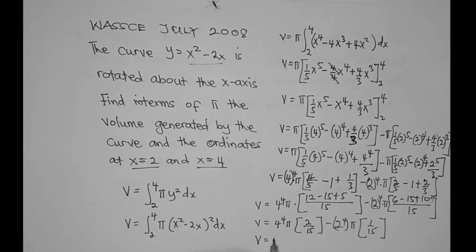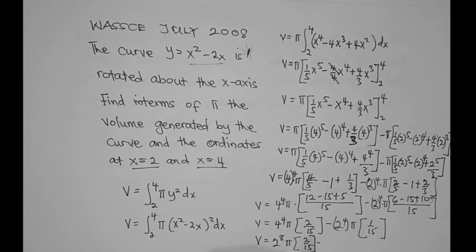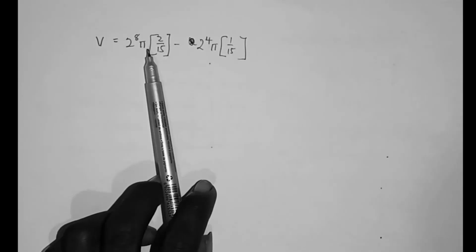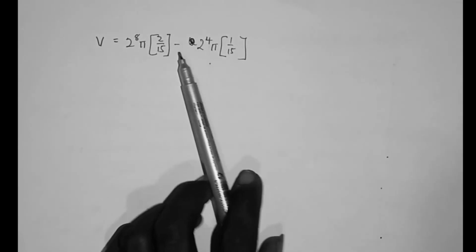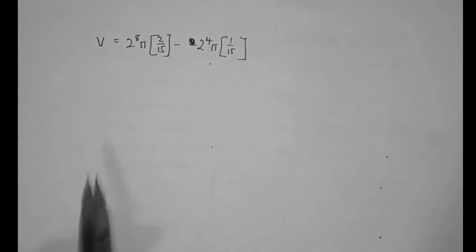So this becomes 2 exponent 8 pi times 2 over 15 minus 2 exponent 4 pi, then into bracket 1 divided by 15. So we got the volume as 2 exponent 8 pi into bracket 2 over 15 minus 2 exponent 4 pi into bracket 1 over 15.